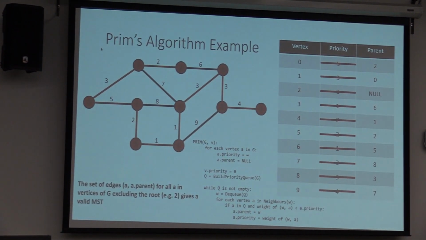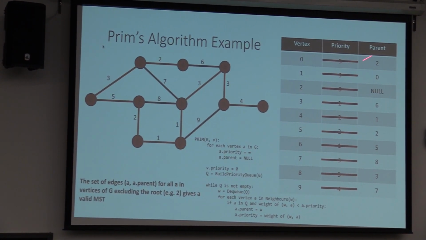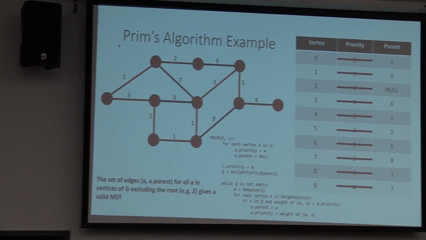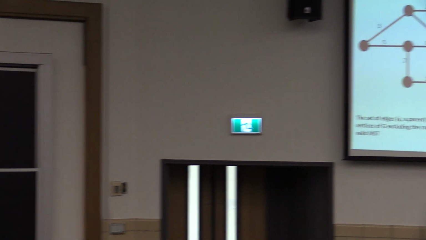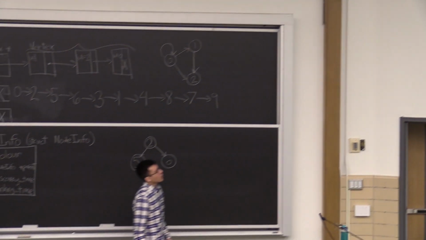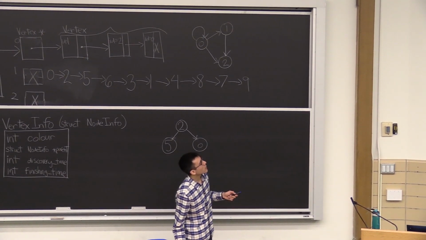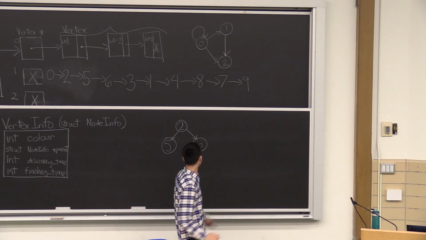We have number 0, which has a parent of 2 as well. What else? There's also number 6, which has a parent of 5.